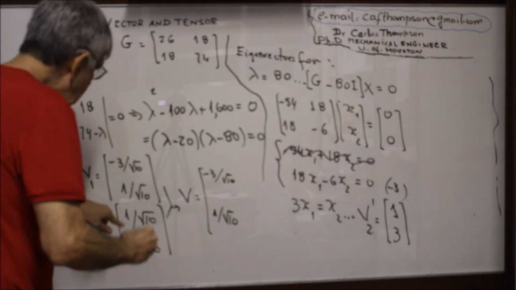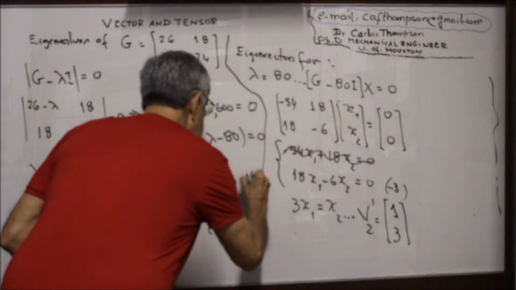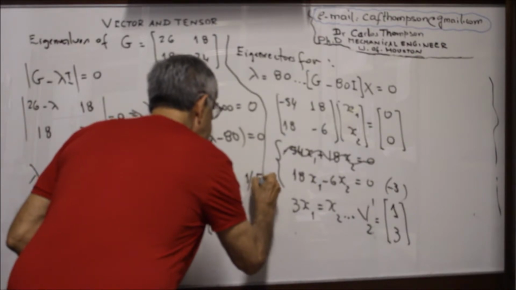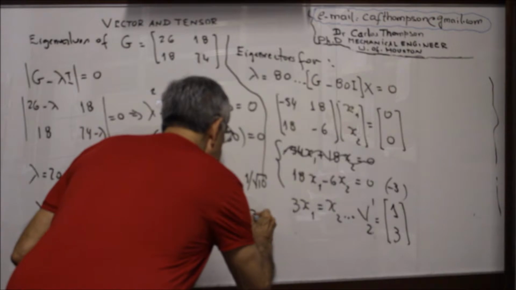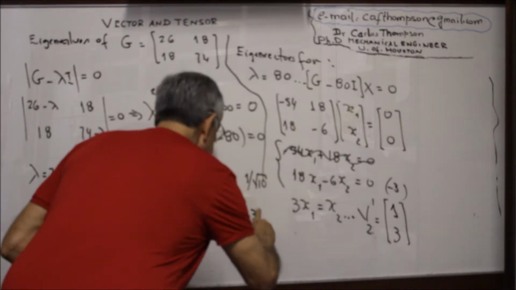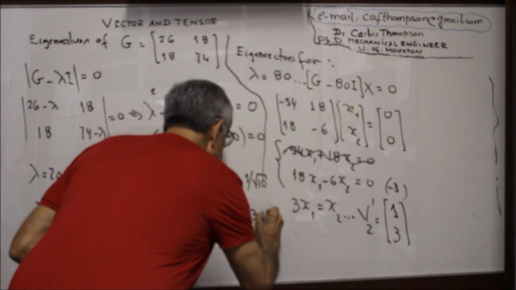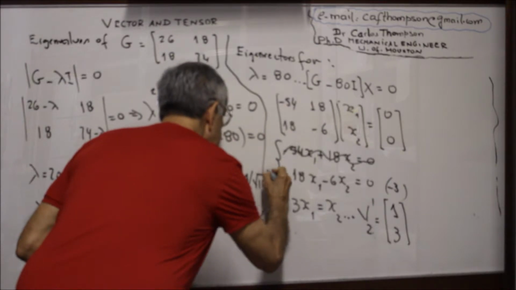Now the second column, 1 over square root of 10, and 3 divided by square root of 10.